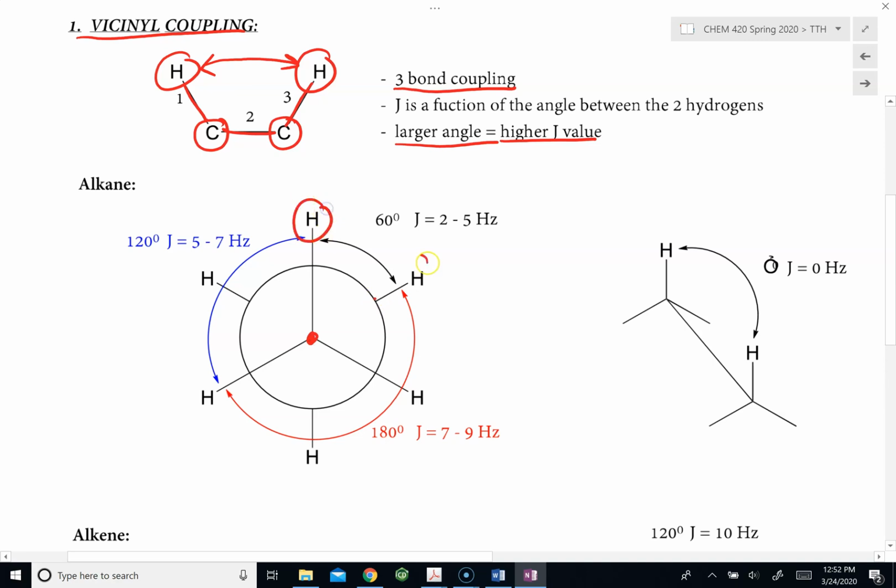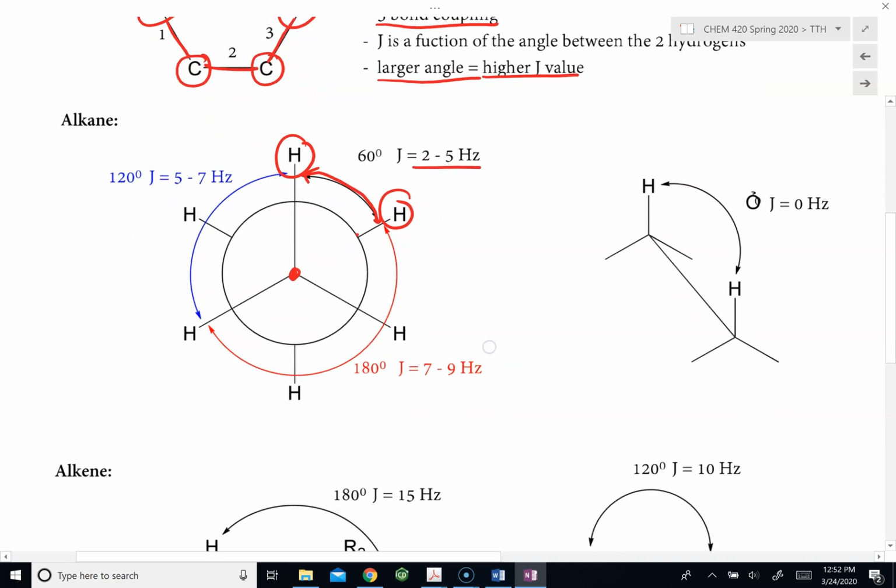These two hydrogens will be able to communicate with each other. Here the bond angle between them is 60 degrees, therefore its J value is anywhere between 2 to 5 Hz. If the two hydrogens are at a wider bond angle, for example 120, then the J value would be from 5 to 7 Hz.